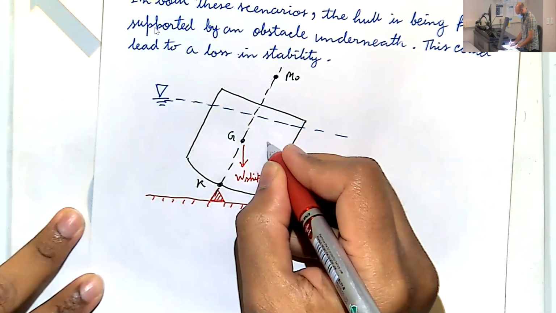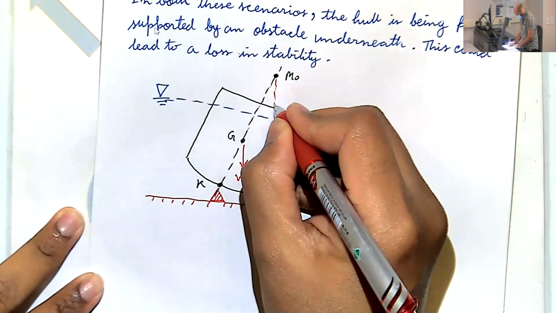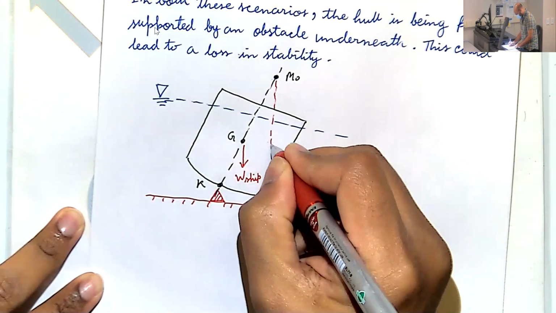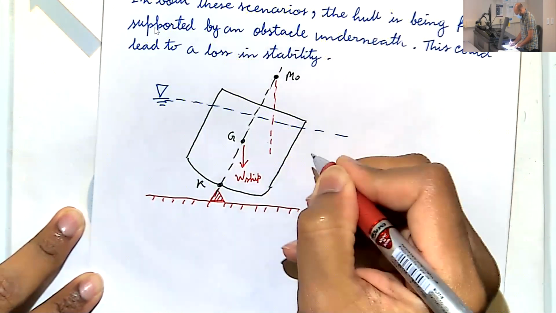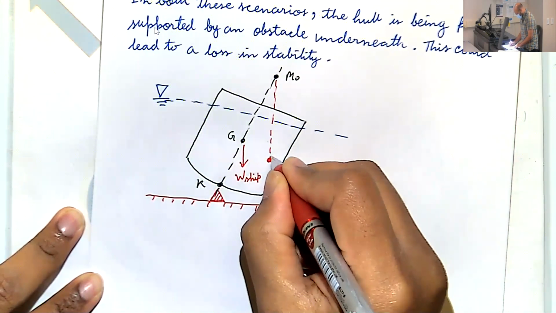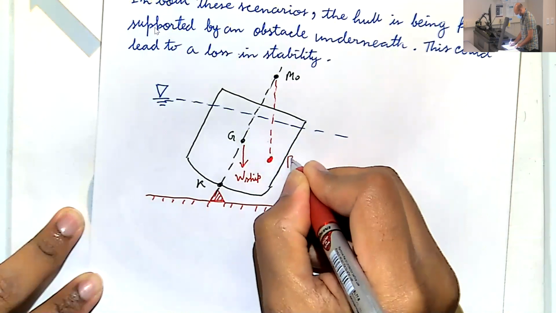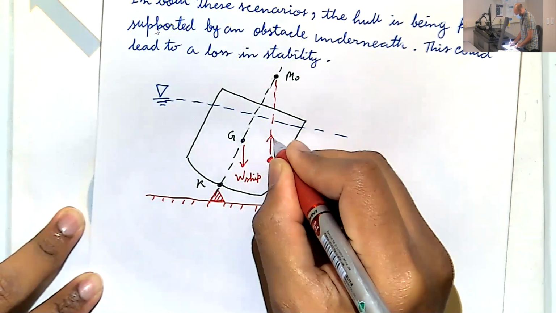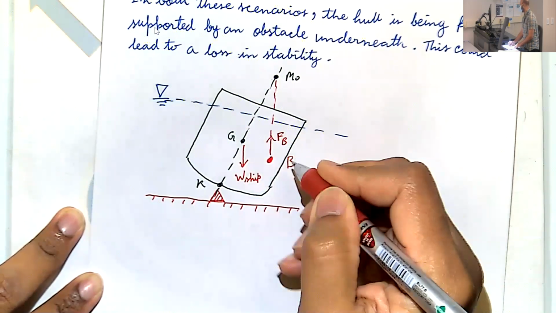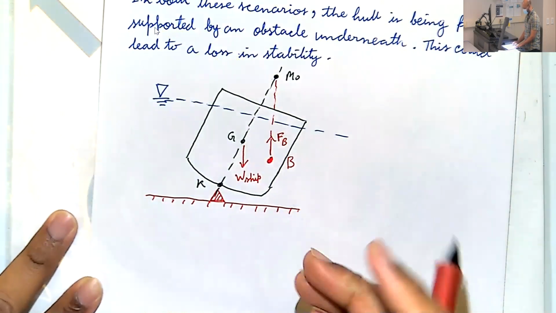Let's call this B. It has to be vertically above M. So B is here, and we get the buoyant force here. Again, not equal to delta for a reason.